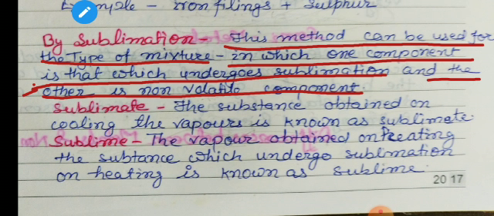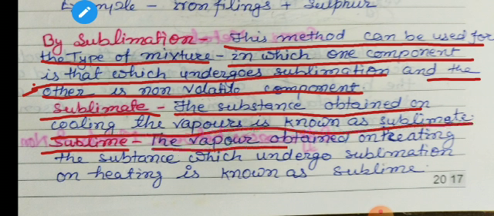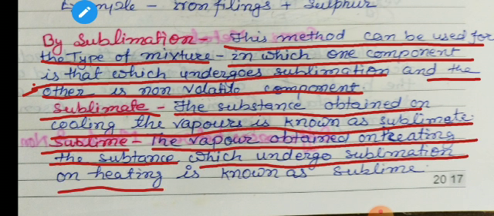So in this, students, the two states of the substance are known as sublimate and sublime. What is sublimate? The substance obtained on cooling the vapors is known as sublimate, and the vapor obtained on heating the substance which undergoes sublimation is known as sublime.